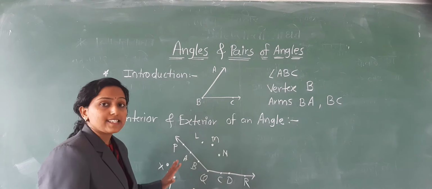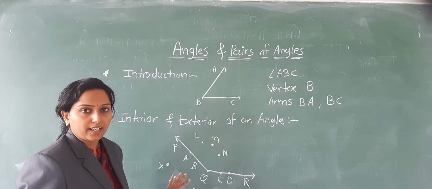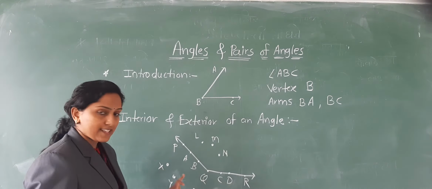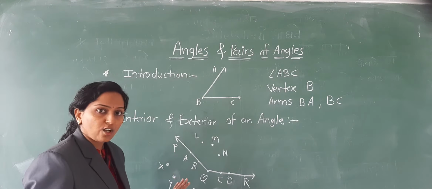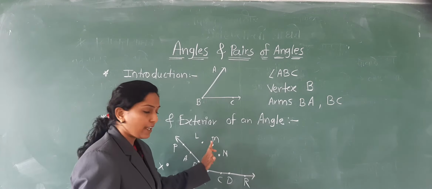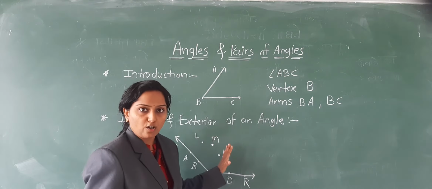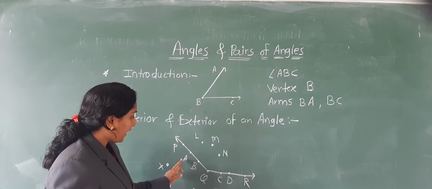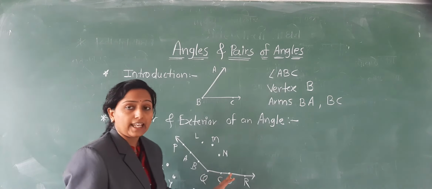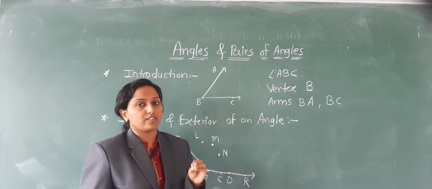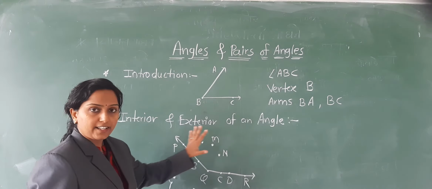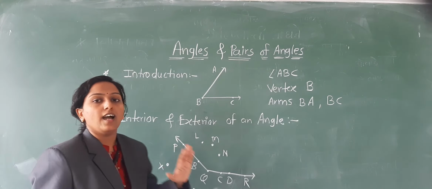Therefore, it is called the exterior of the angle. These points L, M, N lie in the interior of the angle, and points P, A, B, Q, C, D are on the arms of the angle. So this is the interior and this is the exterior part of the angle.